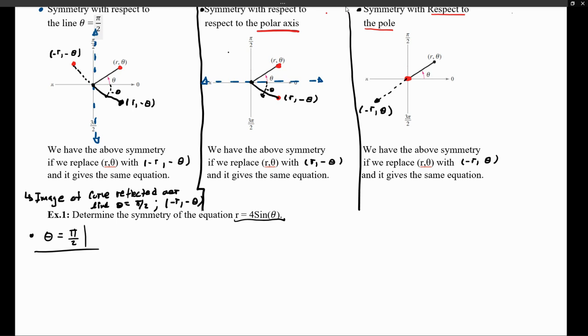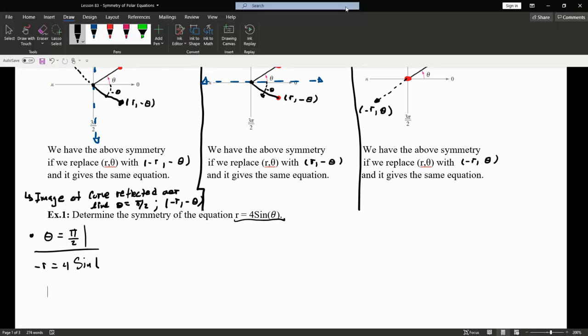So we're going to test that. To test to see if this equation is symmetric over the line pi over 2, I'm going to replace r with negative r, and I'm going to replace theta with negative theta.